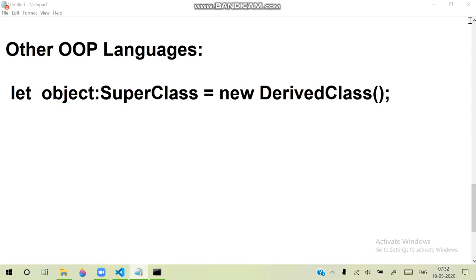Of course, you cannot say because of inheritance, you have to tell the correct point, right? Why is it possible that I can create a superclass object, but using the memory of derived class?